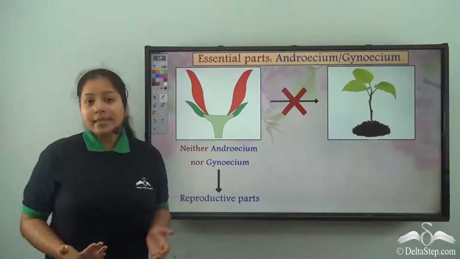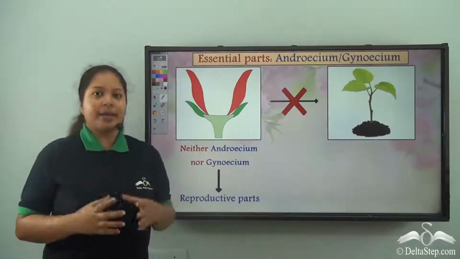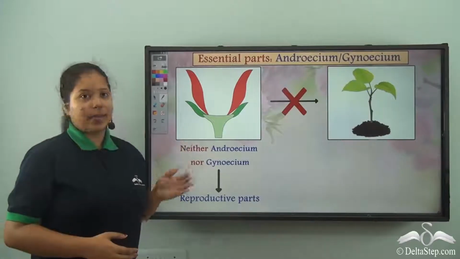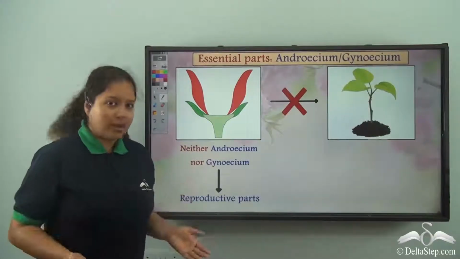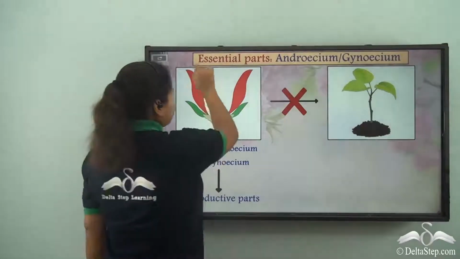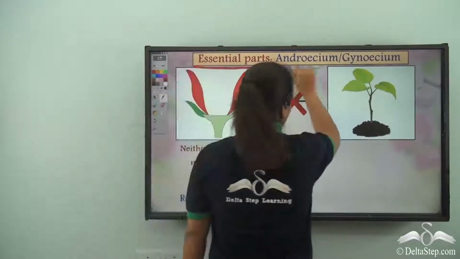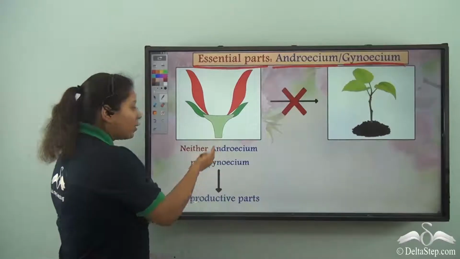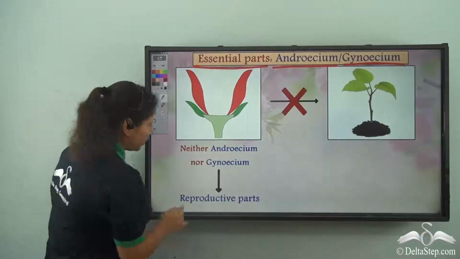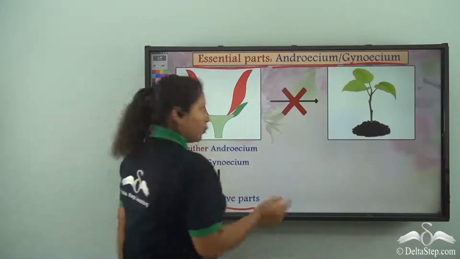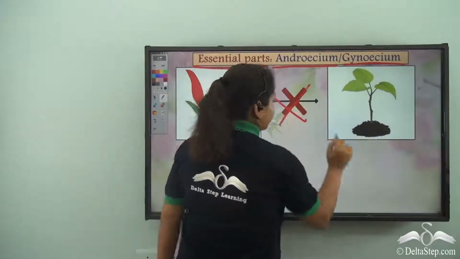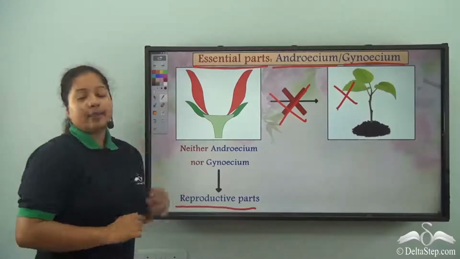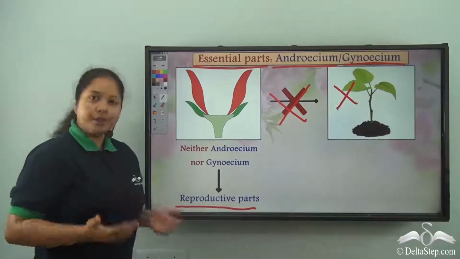So, just like in the house we saw there are some essential parts, similarly in the flower as well there are some essential whorls. So, what are the essential parts? Androecium and gynoecium, because without androecium or gynoecium, which are the reproductive parts, we will not be able to get the plants. So, these are the essential parts of a flower.